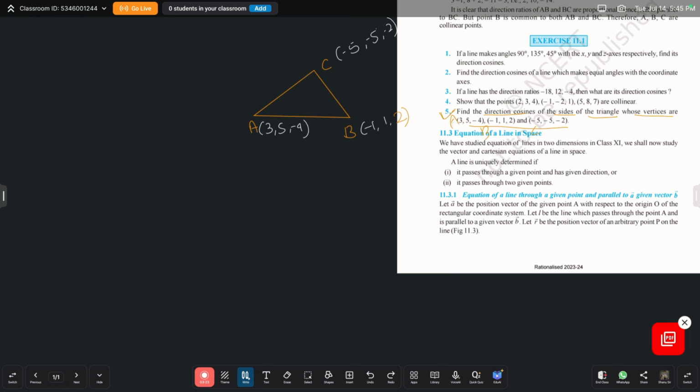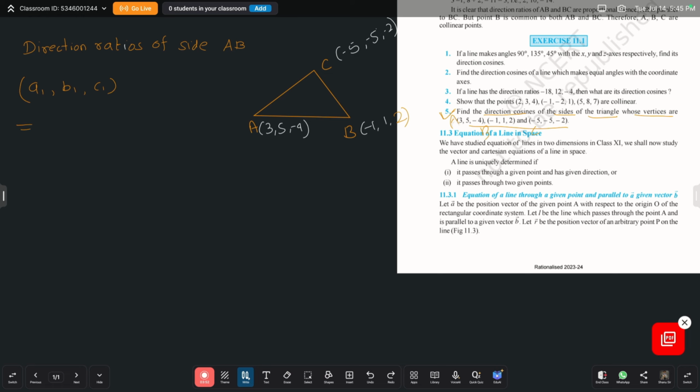You want the direction cosines of the sides of the triangle. In the triangle there are 3 sides: side AB, side BC and side AC. No problem. Then you have to write first the direction ratios of side AB. How to get AB? Let's say this is A1, B1 and C1. Then how to get A1, B1, C1?